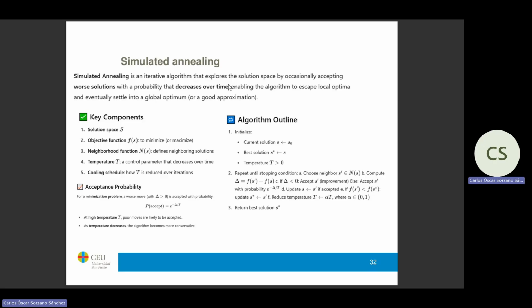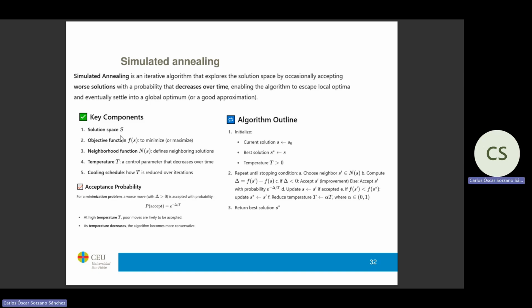But as the execution progresses, this probability goes down. And then at some point, you don't accept going back to worse solutions so easily. And as the probability goes to 0, you are guaranteed to find a global optimum. Okay, so let's see how it works.